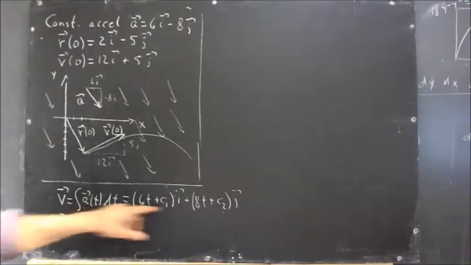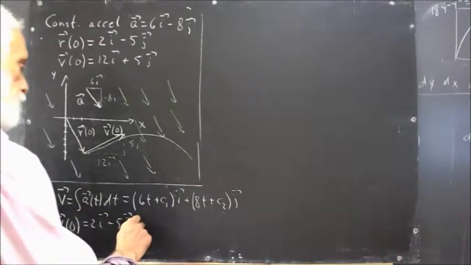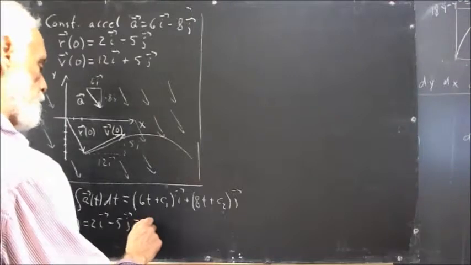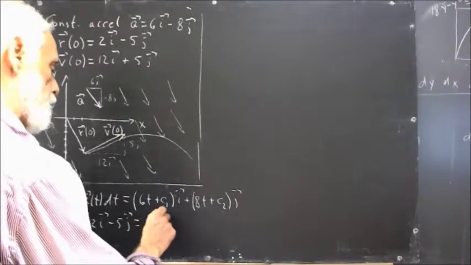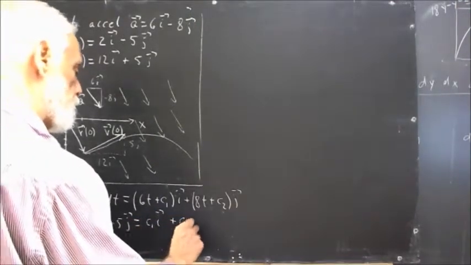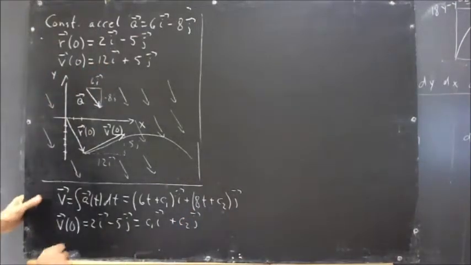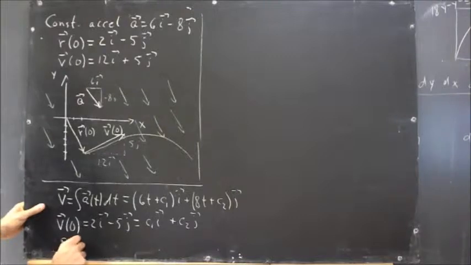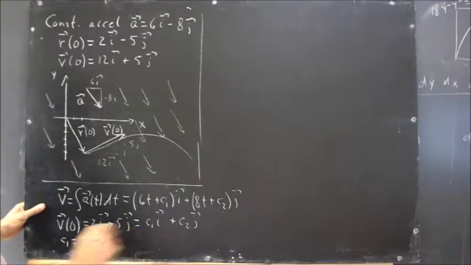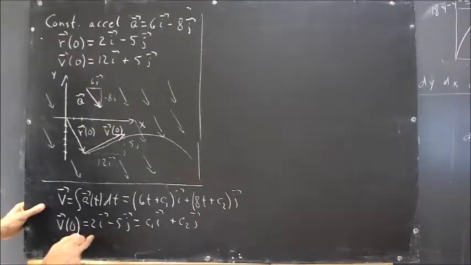And of course, v of t equals this, so that v of 0 has to equal C1 i plus C2 j, so that C1 equals 12, and C2 equals 5.